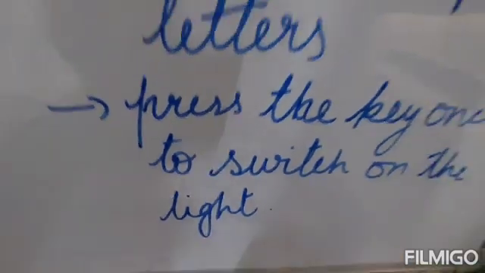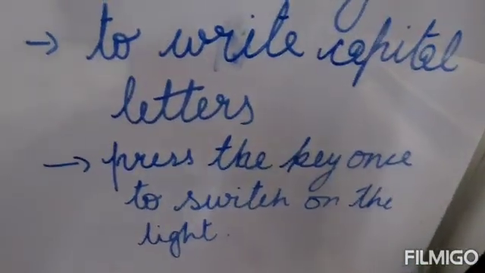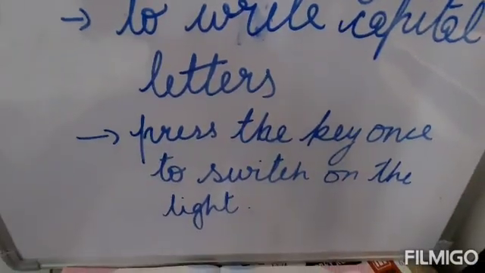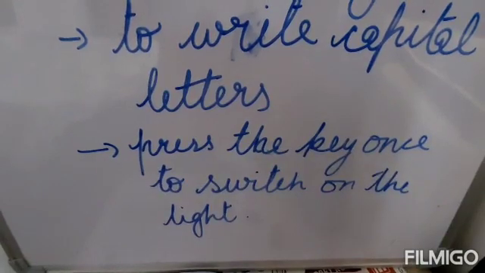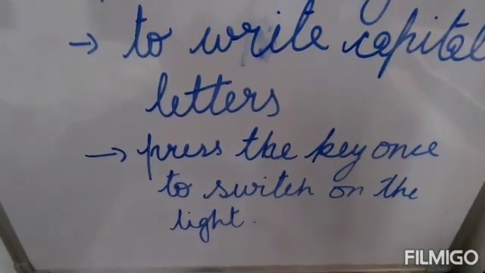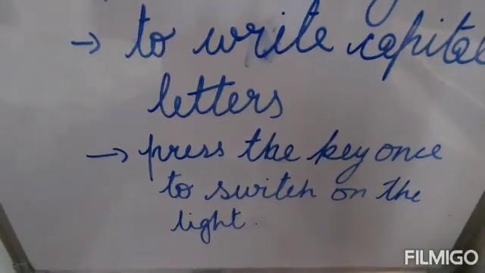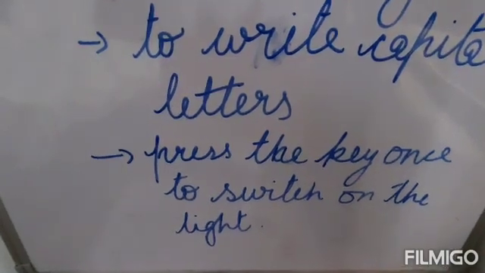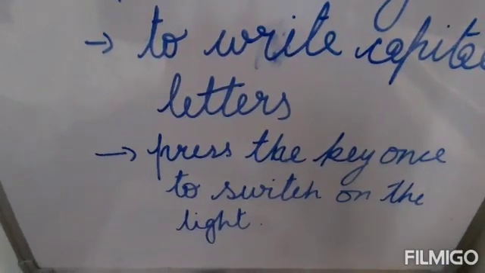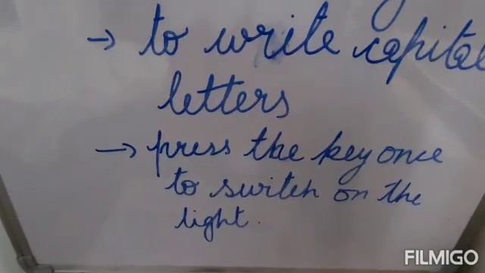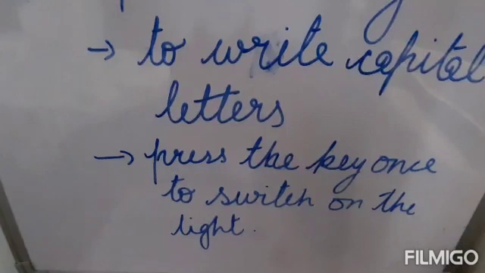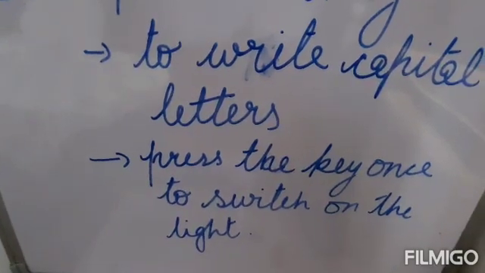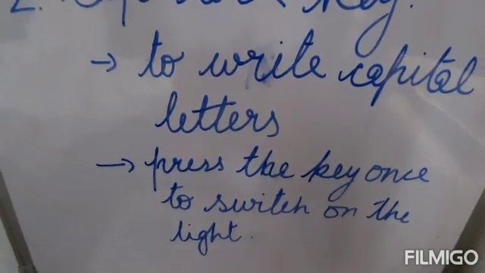So the moment you press the caps lock key, the light towards the right hand side of the keyboard is switched on. So when the light is on, you will be able to write in capital letters. If you press the key again, the light will be switched off and then you cannot write in capital. Everything that you write will be written in the lower case. So that is the function of the caps lock key.